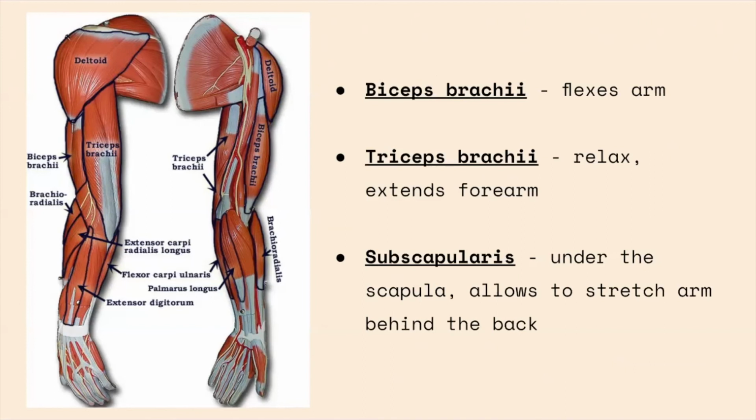So triceps brachii, they relax, which extends our forearm, the forearm below our elbow. It straightens it out. We have our subscapularis, which is underneath our scapula, sub, like submarine, under, marine would be water, underwater, subscapularis, under the scapula, allows us to stretch the arm behind the back.